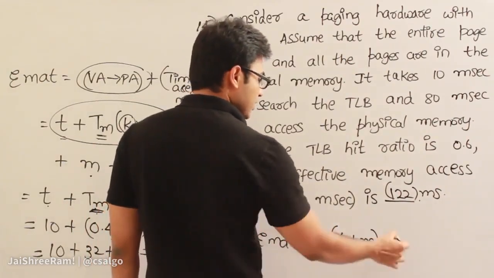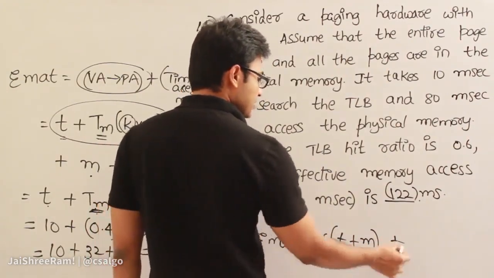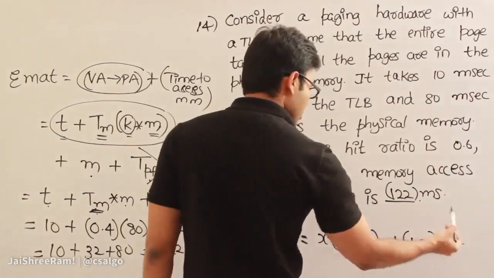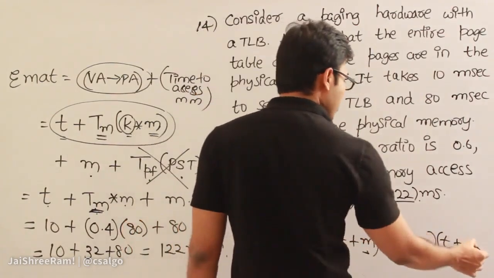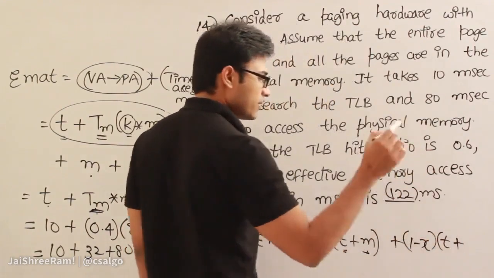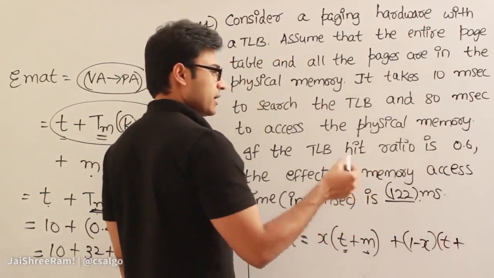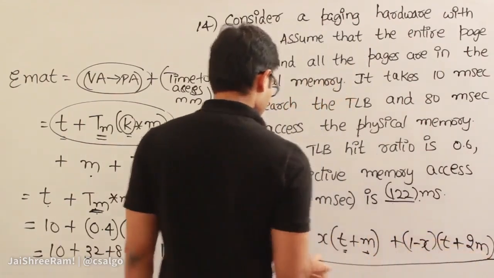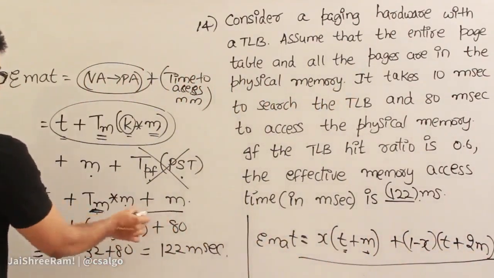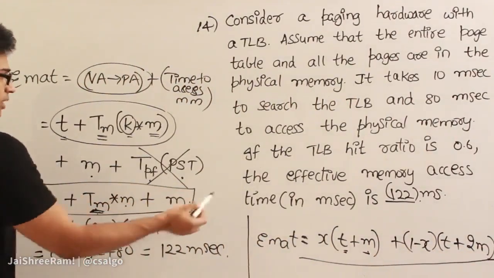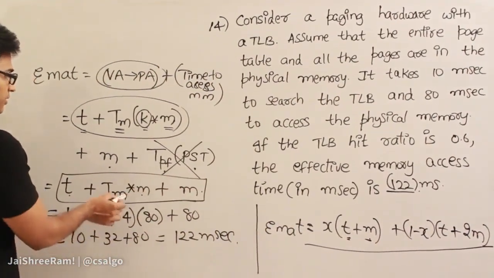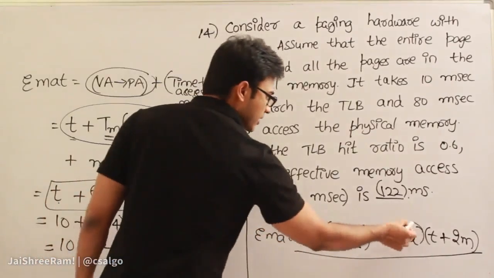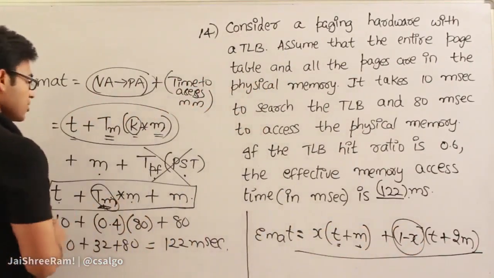In case it is not present in the TLB, you have to find out that it is not present, then go into the main memory and get that page table entry, and then access the physical memory, so T plus 2m. This one and this one are both the same. If you want, you can expand it, and here TM is nothing but 1 minus x, the miss rate. So here I have used the formula 1 minus x.